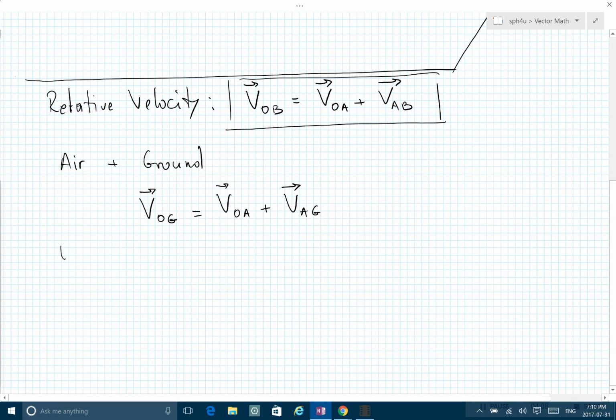Or if we have water and ground, we have the velocity of the object with respect to the ground is equal to the velocity of the object with respect to the water plus the velocity of the water with respect to the ground. Think of a river, the speed of the stream, and whatnot.